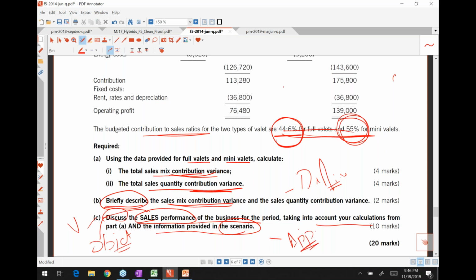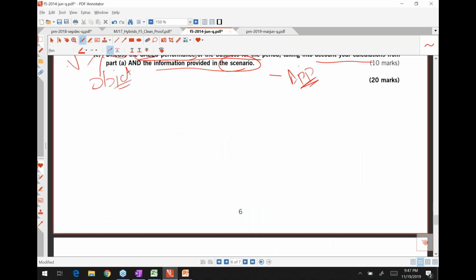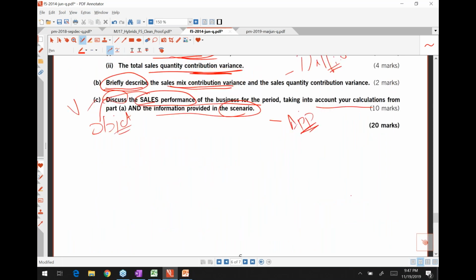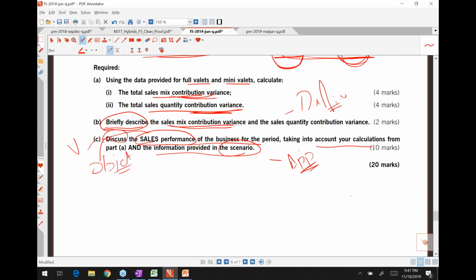So this is for 10 marks. Now, what are we supposed to do here for 10 marks? I'll show you the method to draft very easily. Now listen very carefully, make sure you listen to this the first time.